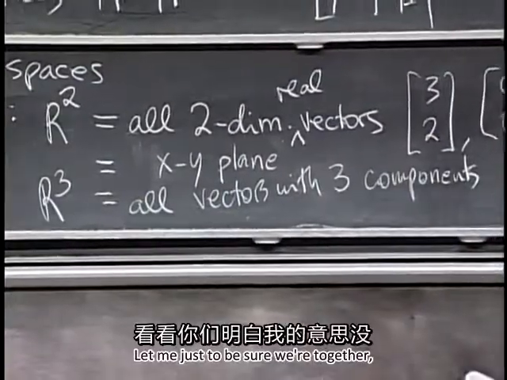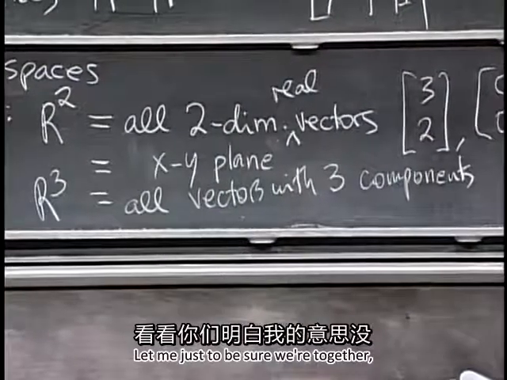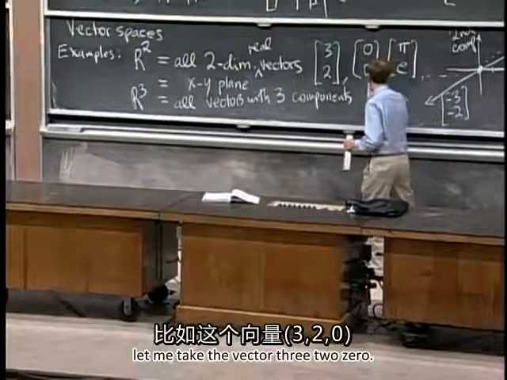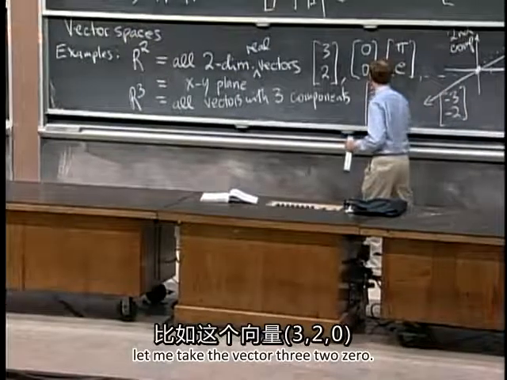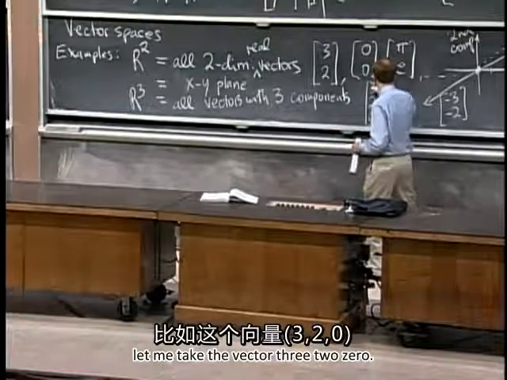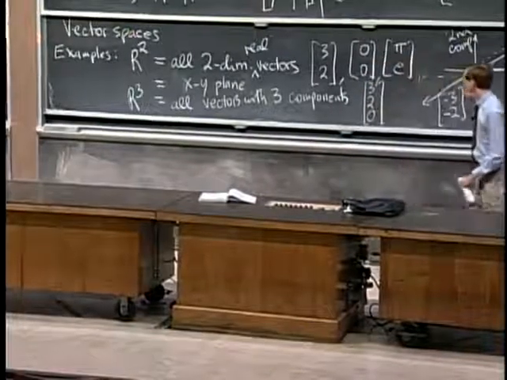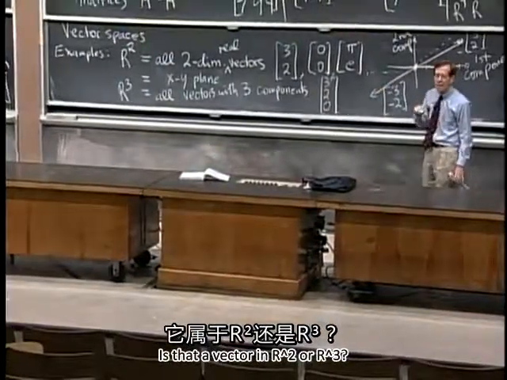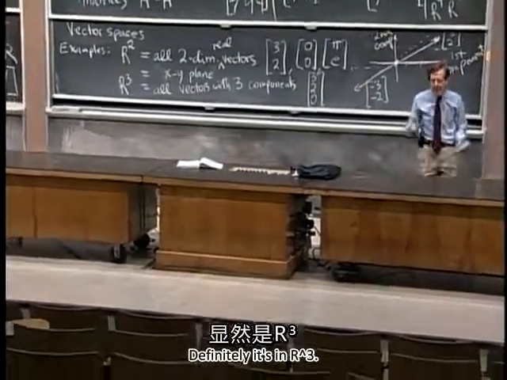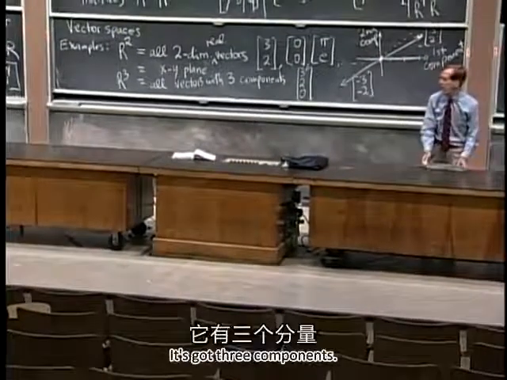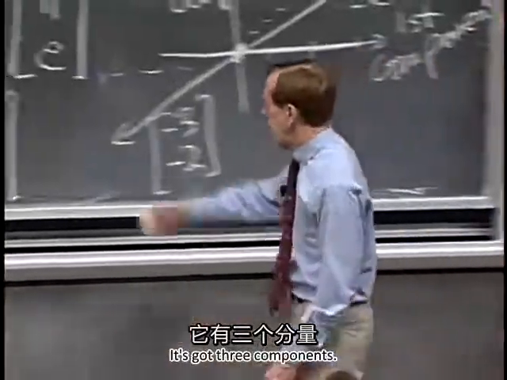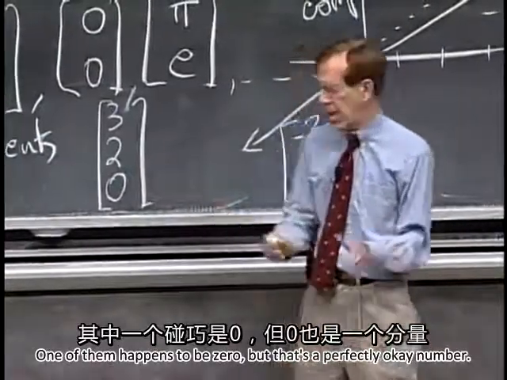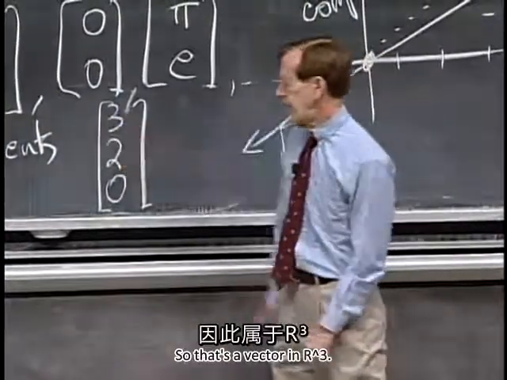Okay, just to be sure we're together, let me take the vector 3, 2, 0. Is that a vector in R2 or R3? Definitely it's in R3. It's got 3 components. One of them happens to be 0, but that's a perfectly okay number. So that's a vector in R3.